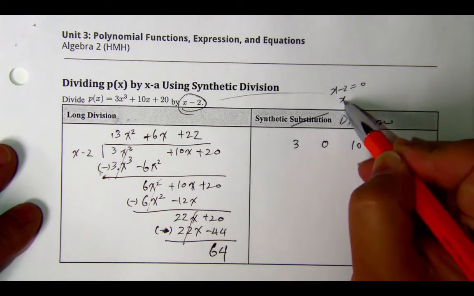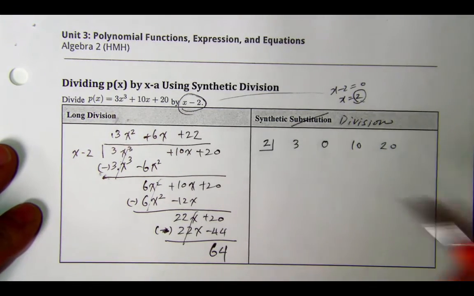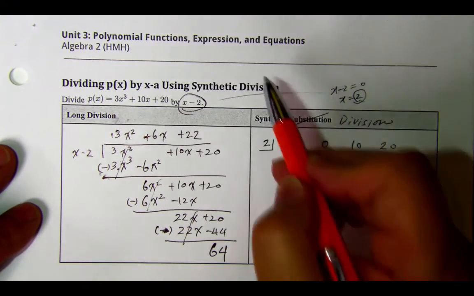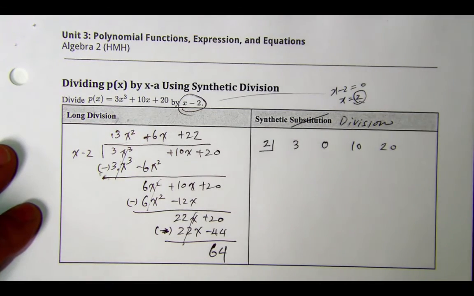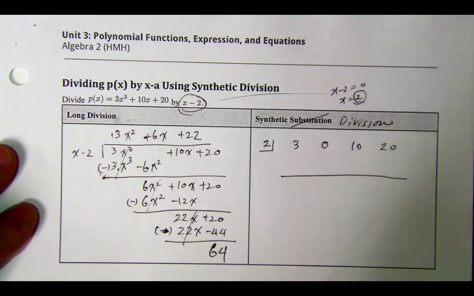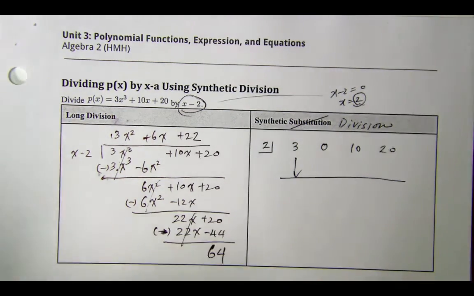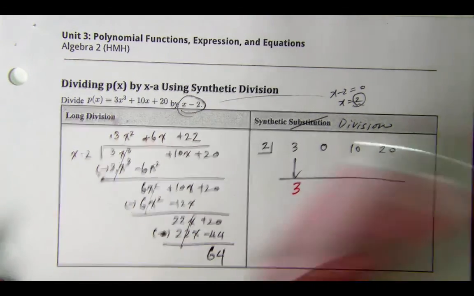Set equal to 0, then x is 2, right? That's the number that we want right here, 2. That's the value that you will substitute in, right? All right, so that's a new thing over here, but just keep that in mind. The rest is the same. Bring down the 3. What do you get? Well, I get 3.